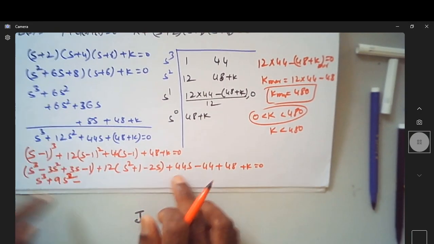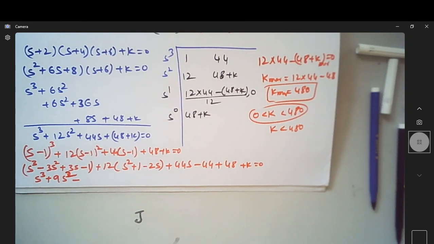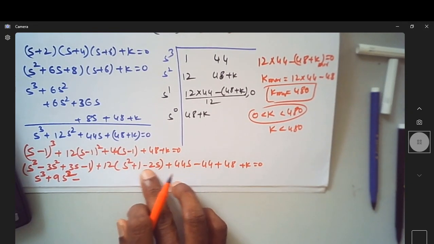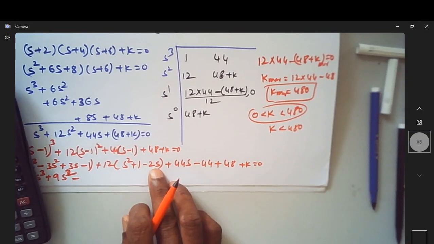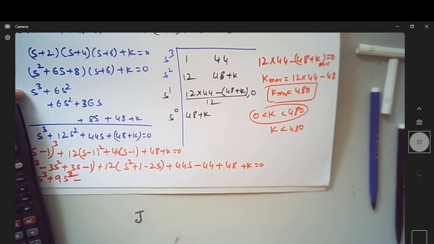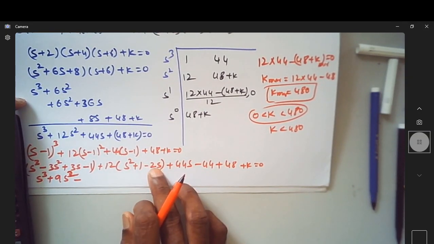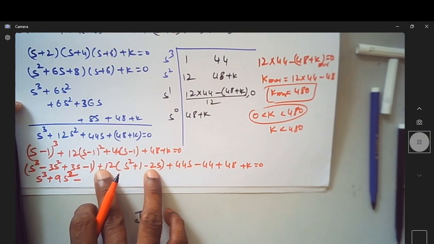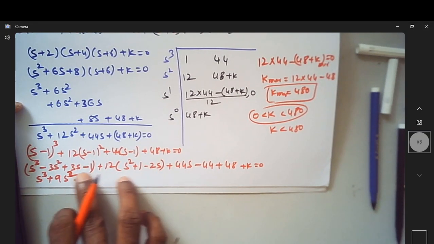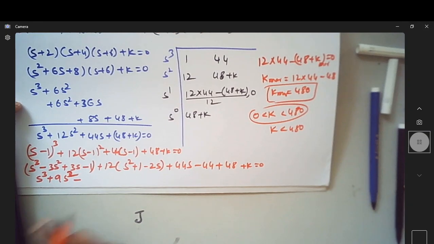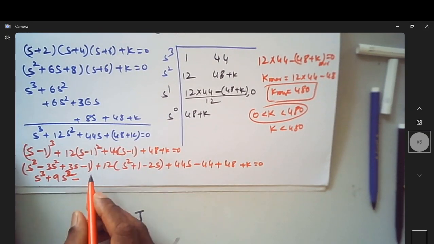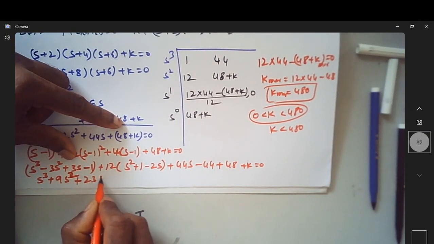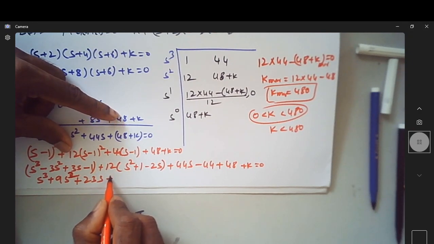You have 44 minus 24 for s, minus 24s and plus 3s, so it comes out to be plus 23s.